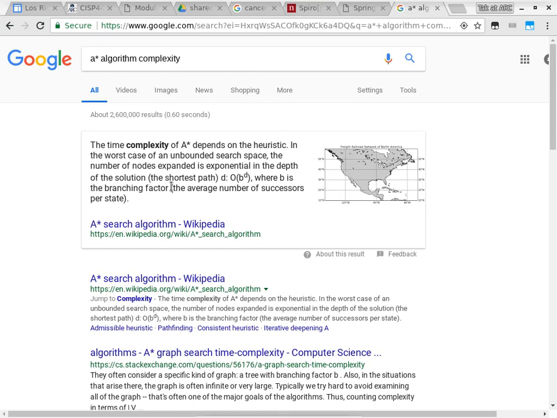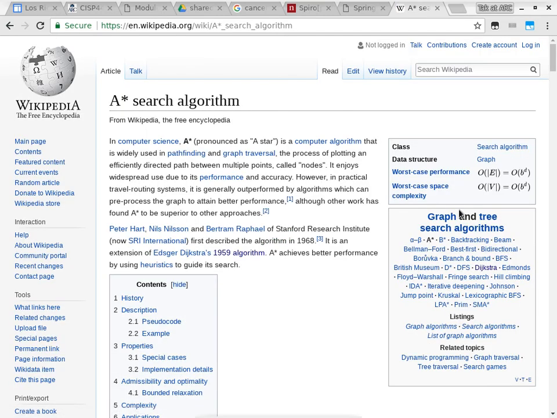I believe for both, the worst case space is big O of the cardinality of V, because that is determined by the open set. But in terms of time, it is proportional to the number of edges, and Dijkstra's is also bound by the number of edges. So it depends on how many edges we are talking about.